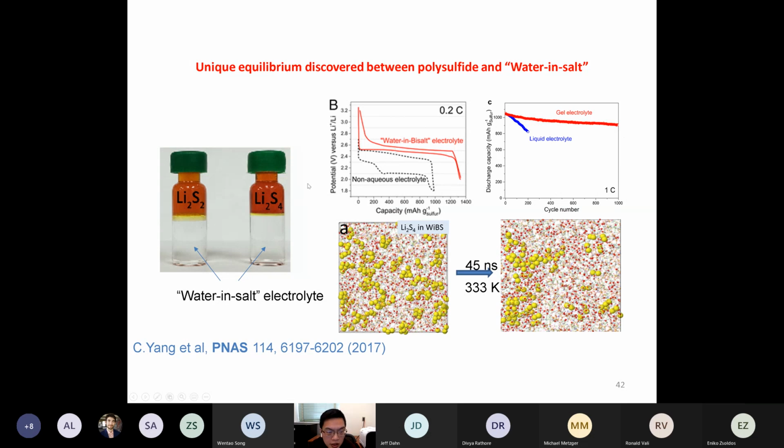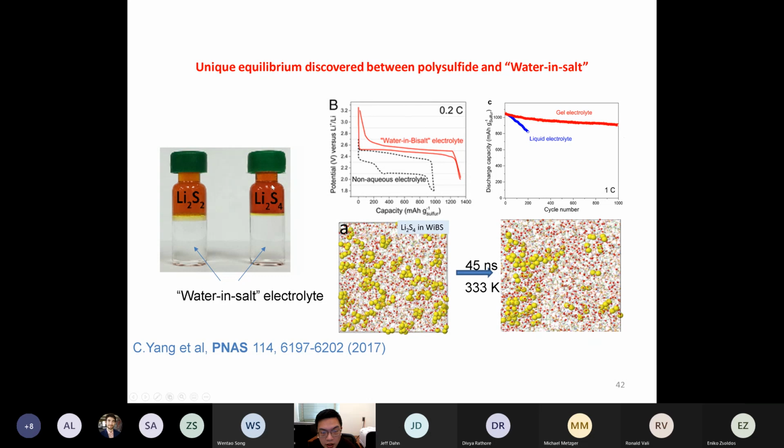The reason is that even when lithium polysulfide is dissolved in the water, it forms a very good phase separation with the water-in-salt electrolyte, which means you don't have any anion exchange between them.